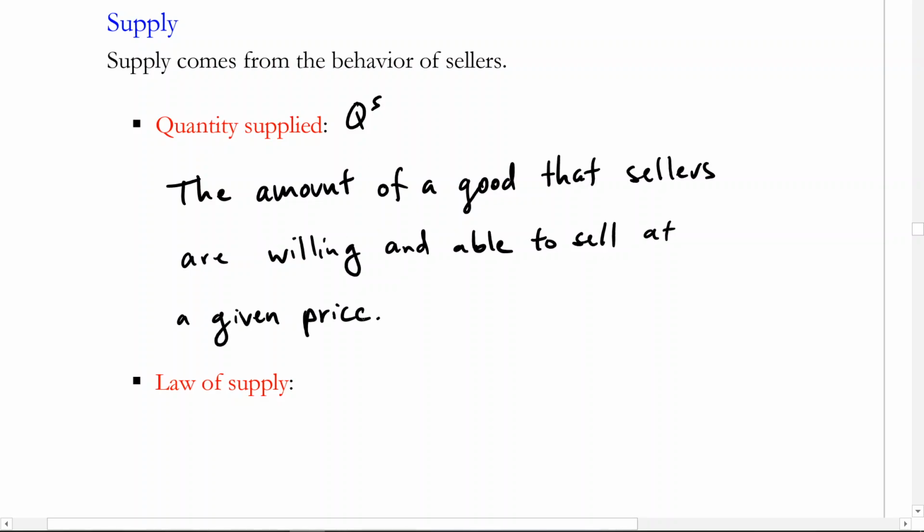Okay, so when we talk about supply, we're talking about the entire supply curve. When we're talking about quantity supplied, we're talking about some quantity at a given price. We'll look at that some more later as well.